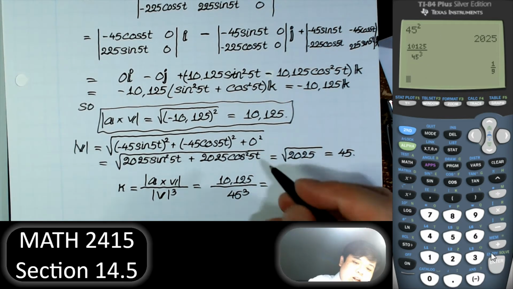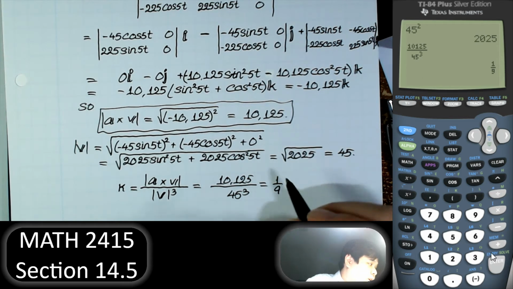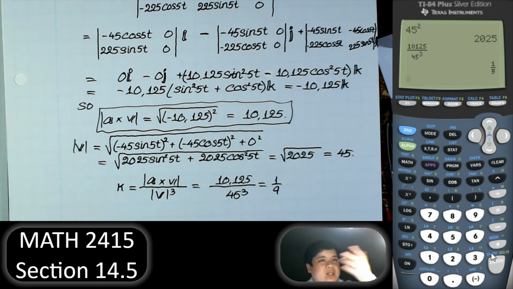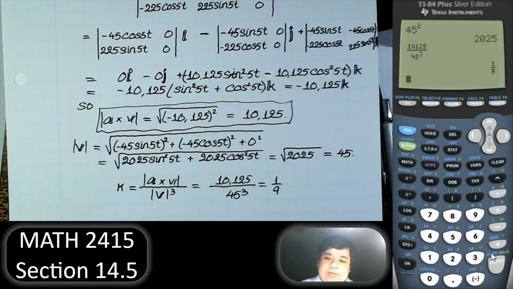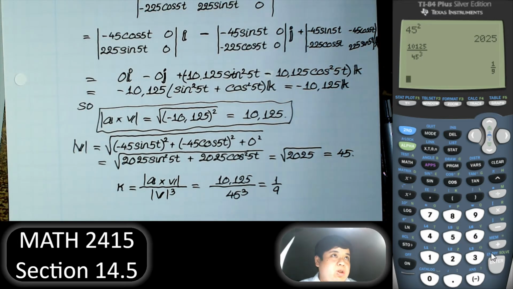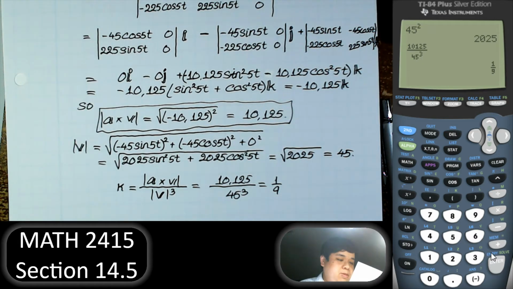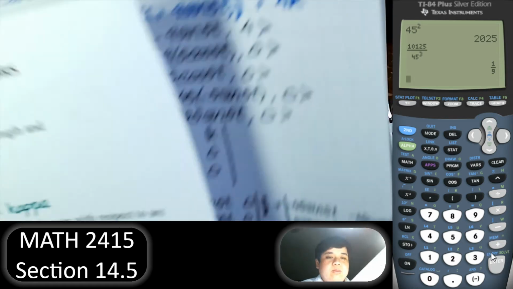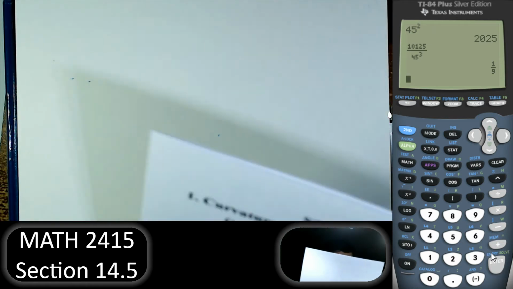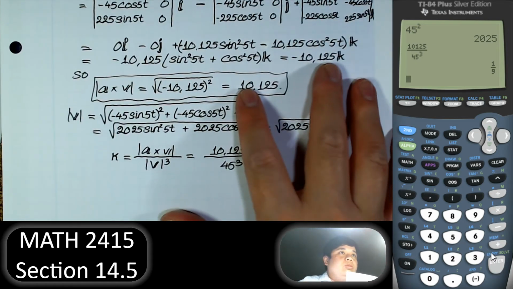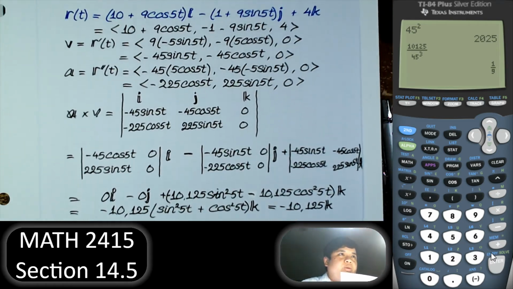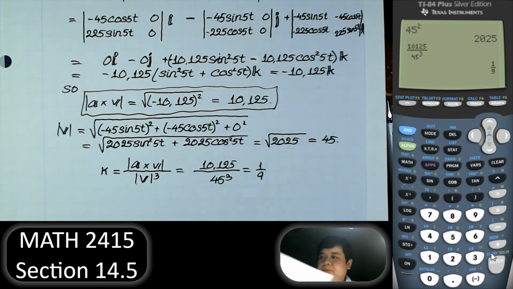We have 1 over 9. So the curvature is equal to 1 over 9. So it's not that bad. I thought I just needed to do one extra example on that. So it's pretty straightforward to calculate the curvature.